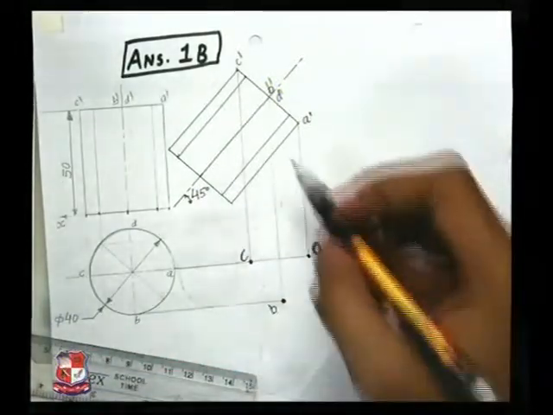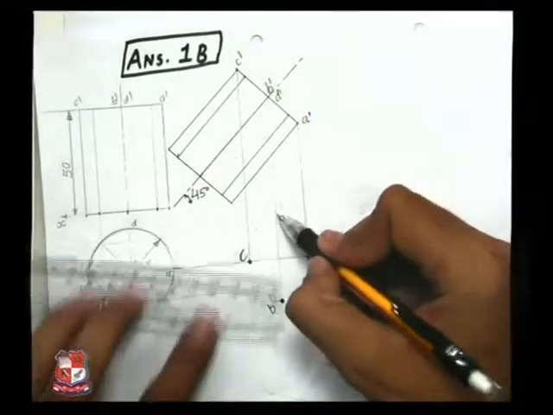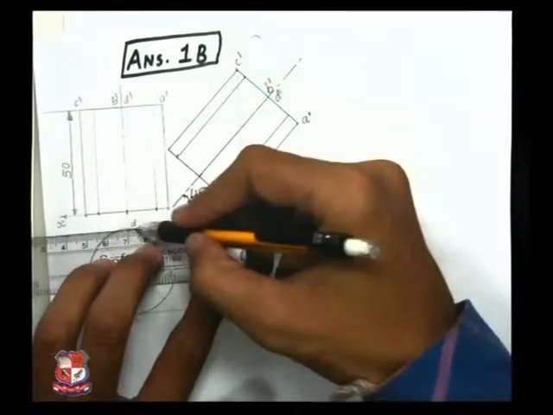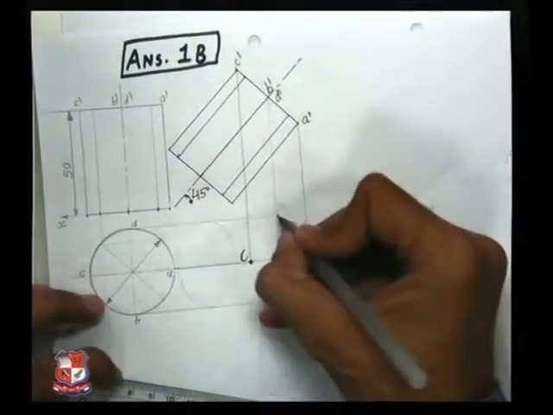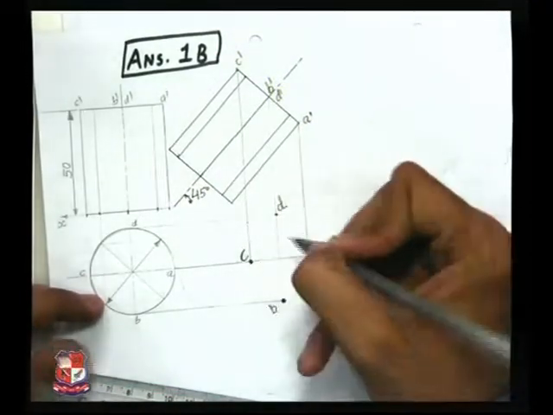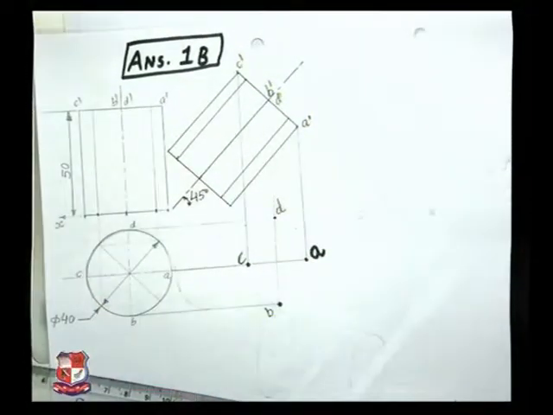Similarly, point D: a vertical line from D dash and also a horizontal line from D. So here is the fourth point D. The four points A, B, C, D have been identified.